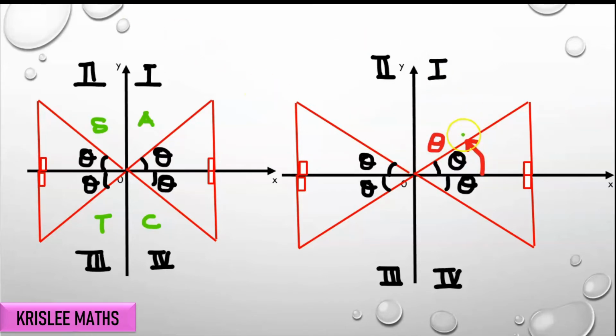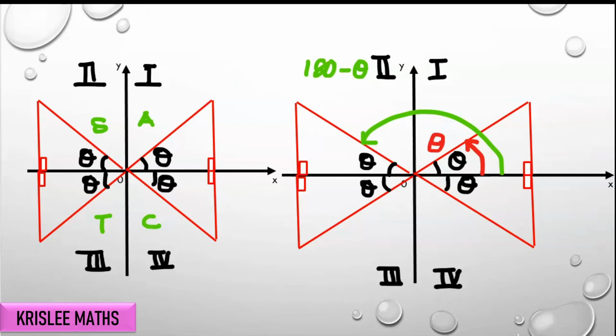In the second quadrant, the actual value of the angle is found by moving from the positive x-axis until you reach the radius. This is the actual size of the angle. To find it, you take the whole thing, that is 180, minus the corresponding acute angle. Therefore in the second quadrant it is 180 minus theta.